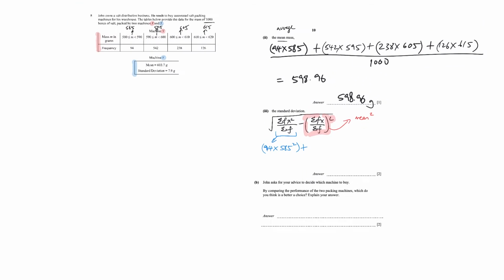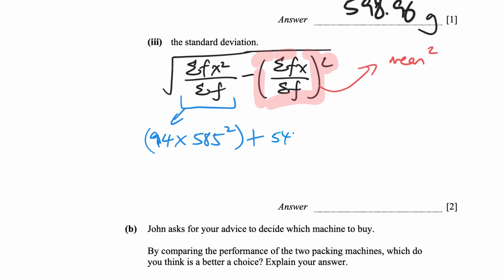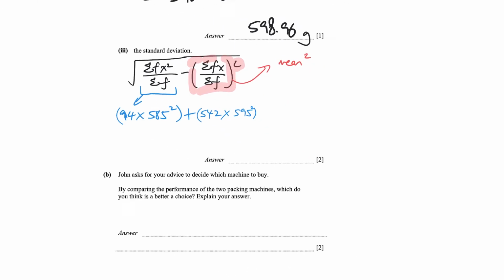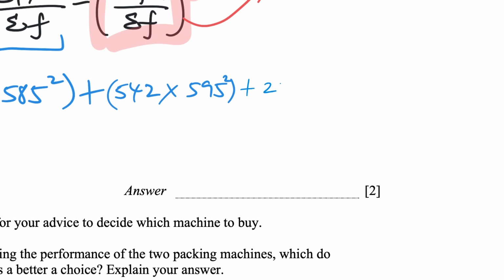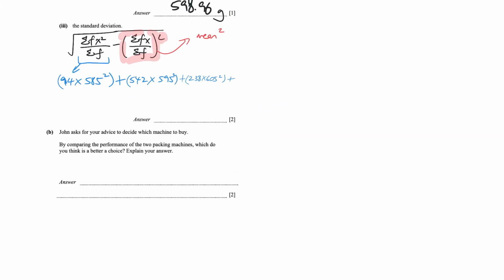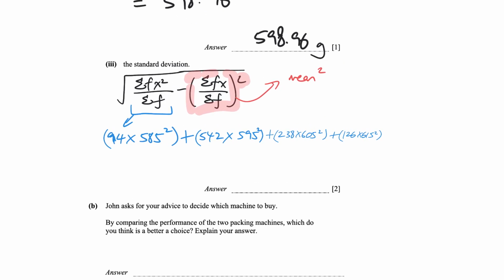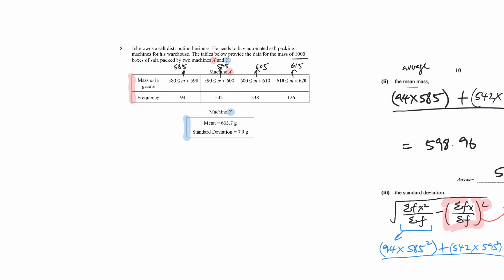Plus 542 times 595 squared, and then 238 times 605 squared, plus 126 times 615 squared. That's the numerator, and we divide it by the total frequency, which is all of the frequencies added up together, which will give us 1000.